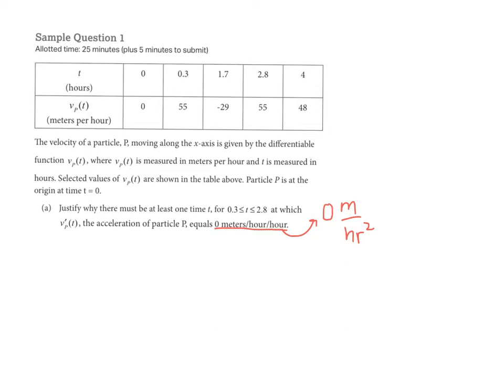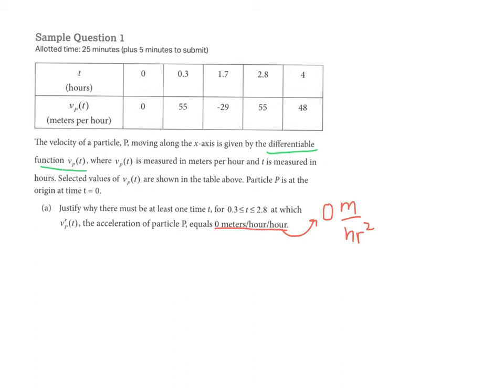So mostly any theorem that you have in calculus, not all of them, but most of them, you are going to check and make sure the function is continuous. You usually can't use any of the major theorems without continuity. In this case, we know that it is continuous because they tell us it is differentiable.